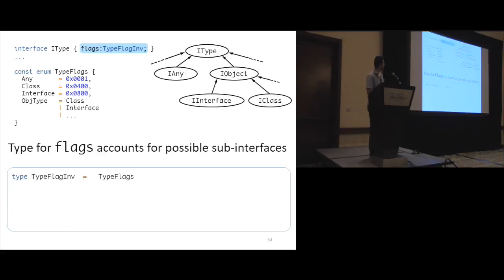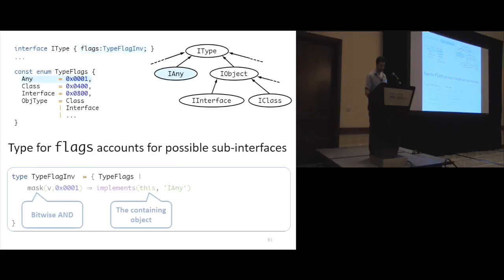So now we can assign a more precise type for the flags field called type flag inv. And then we want to have this type account for all the possible subinterfaces that can be encoded. So by using the same base type as earlier, the type flags, we can encode the invariants that we had earlier.